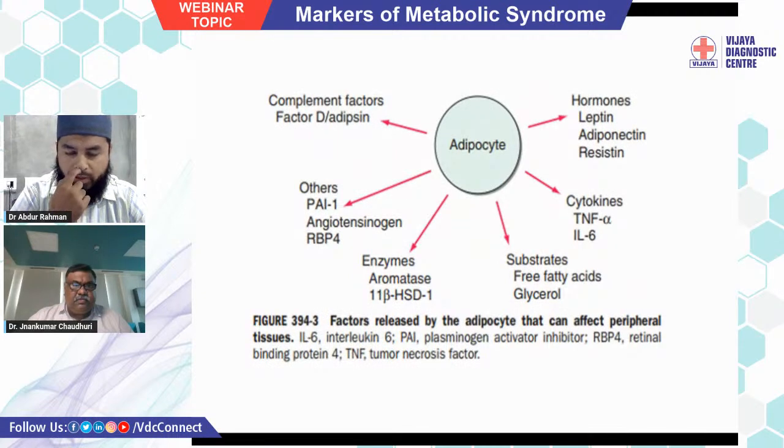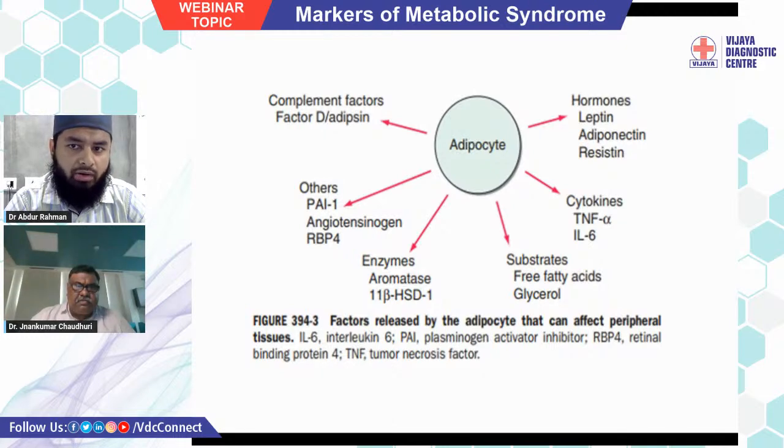Okay. Now, once a patient is obese, what are the complications that we face in metabolic syndrome? The adipocyte is a cell which is completely responsible for storing fats. When the nucleus is shifted to the extreme corner due to an extreme amount of fat, trouble starts happening.